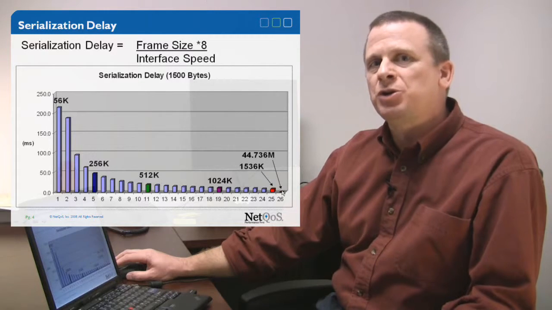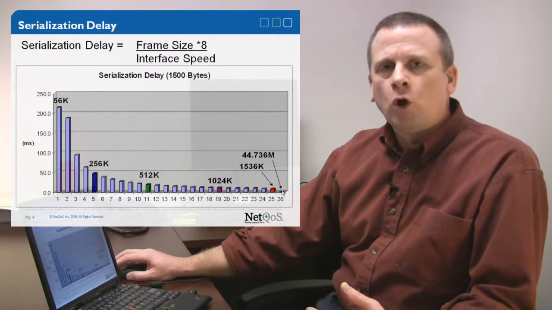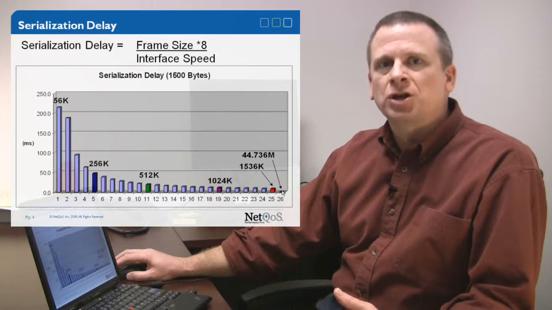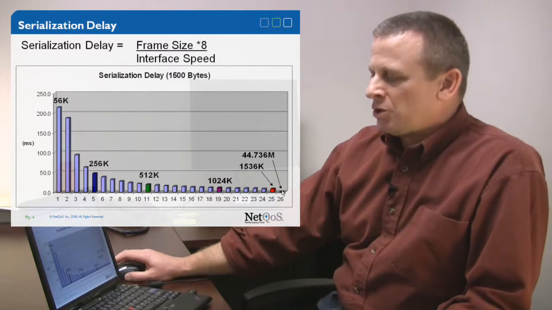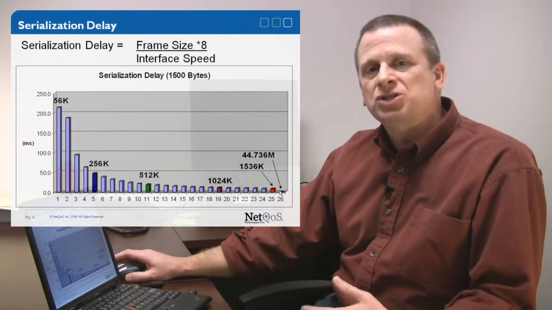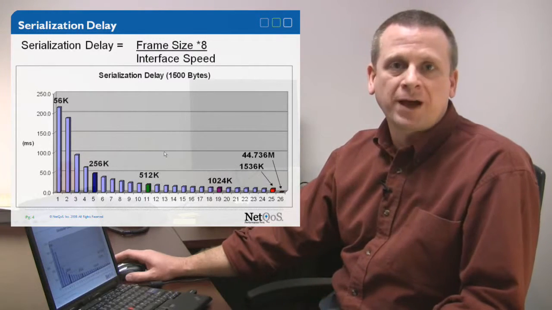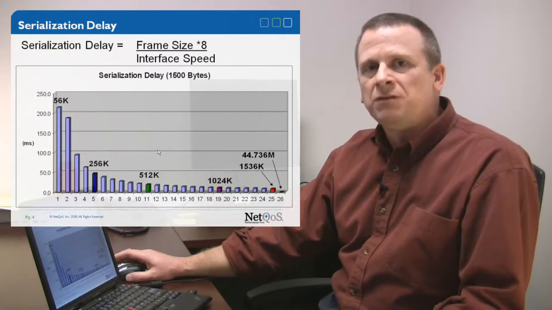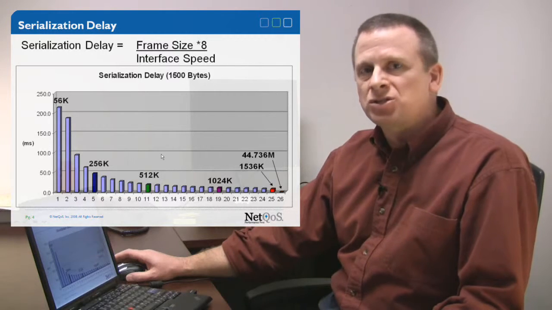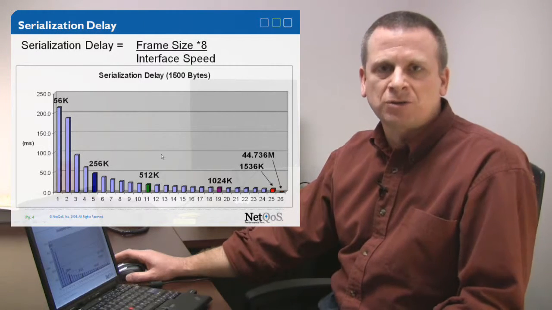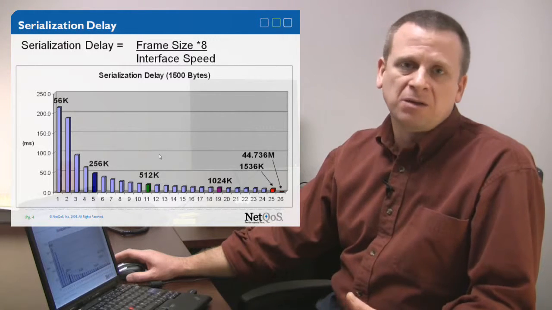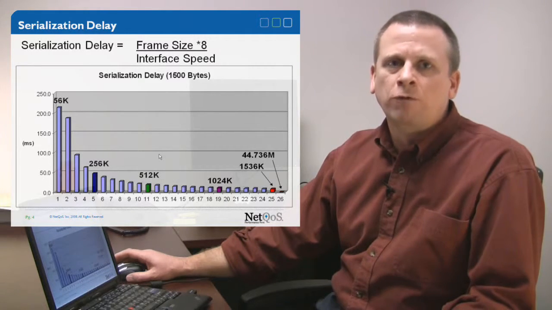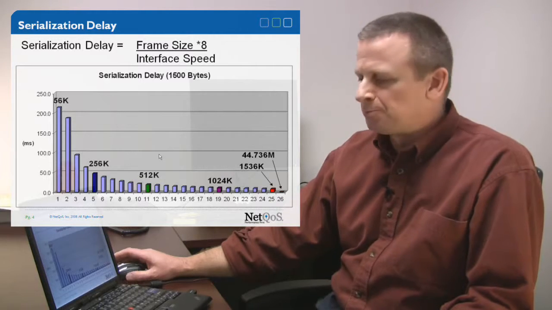So as you can see, as you increase your overall bandwidth per interface, your delay per interface for serializing decreases. So on the slower segments, serialization delay has a very large effect. At a T1 speed, a 1500 byte packet takes just under 8 milliseconds to serialize. When you get up to T3 speeds, then it becomes much less significant in your overall network round trip times.